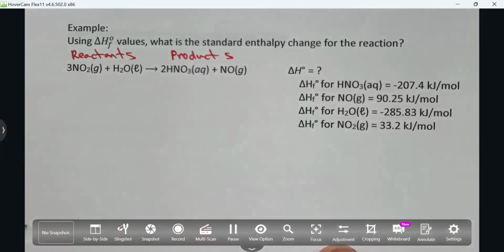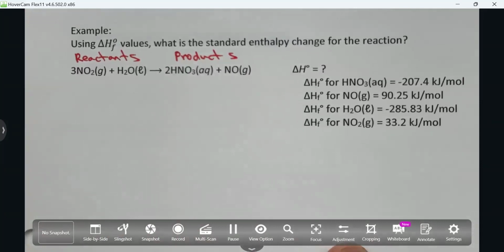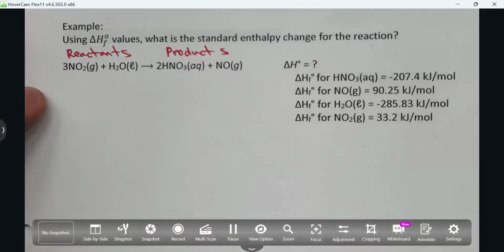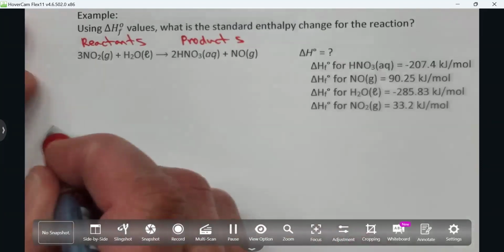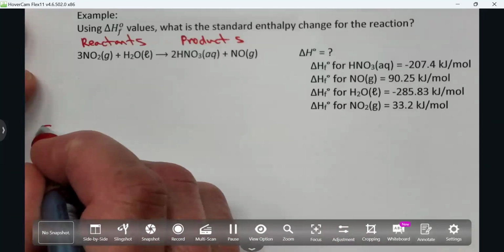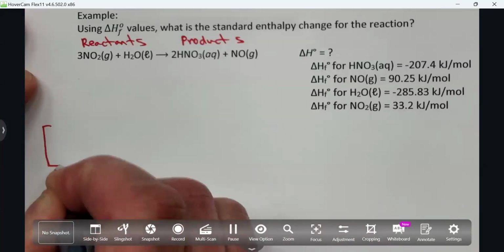So using enthalpy of formation values, what is the standard enthalpy change for this reaction? So we've got to sum up the products minus reactants. To sum up the products, I'm going to go straight across, and I'm going to make a big bracket here. This is where I'm going to start my products.